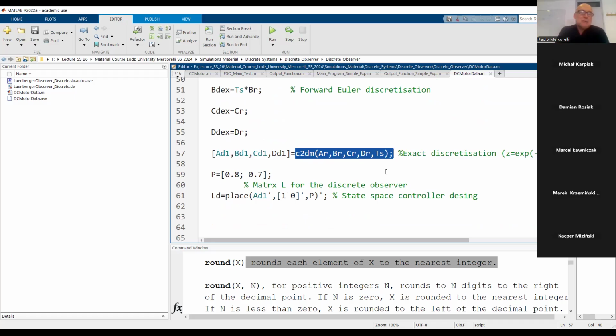The question is why we don't use always this. Yeah, good question. We don't use it always because when we apply directly in a microcontroller, we don't have the power of MATLAB. To implement this is more heavy for the calculator than to implement the forward Euler. Therefore, forward Euler is very often preferred because very often we have some constraints in TS.